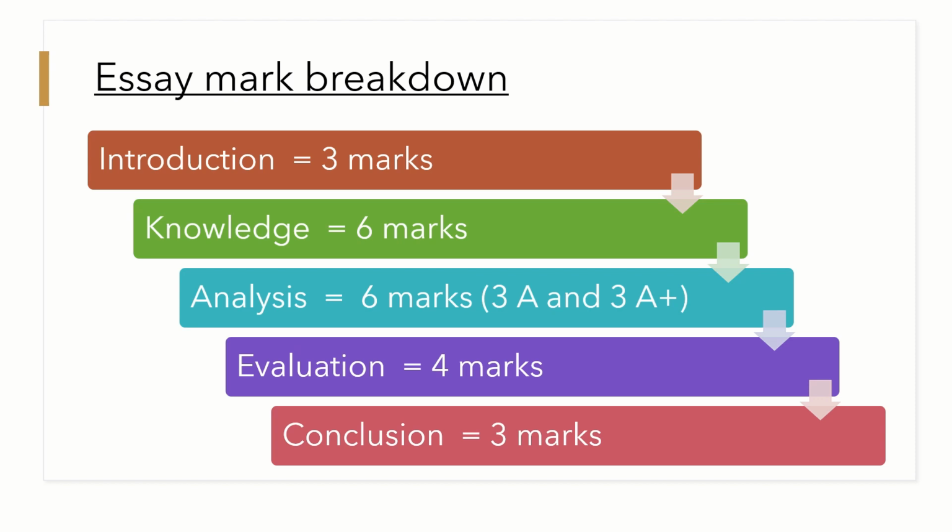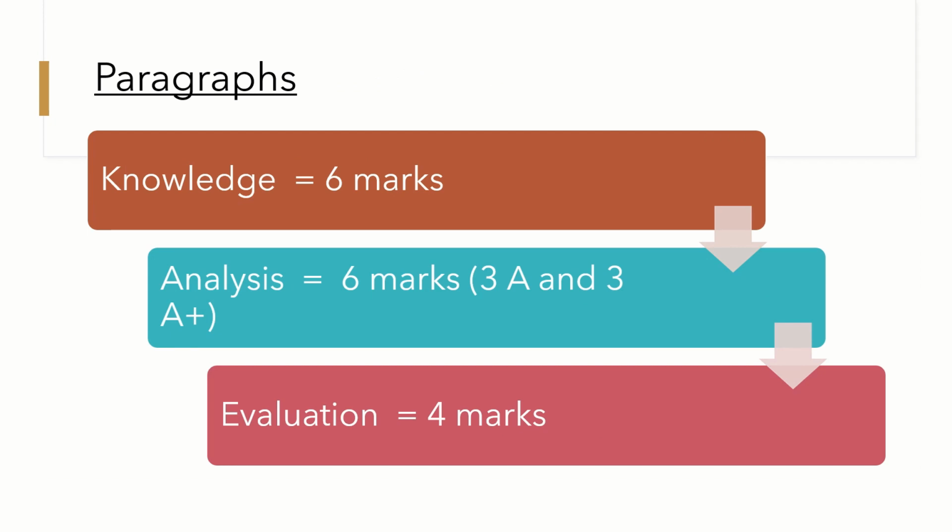What I mean by that is you can only get a maximum of 3 marks for basic analysis, but if you do more than 3 points of analysis plus, you can pick up those marks, but you'll get no more than 6 in total for analysis. Evaluation is 4 marks, and then conclusions are 3 marks. Okay, so that's the breakdown of the essays.